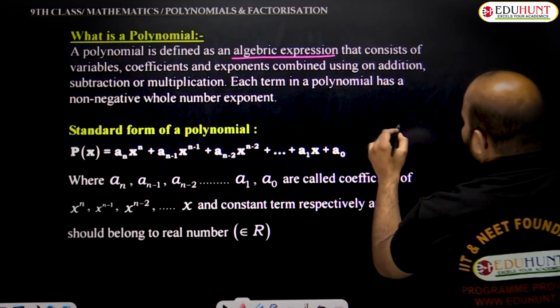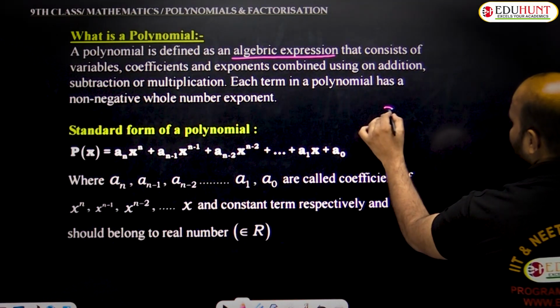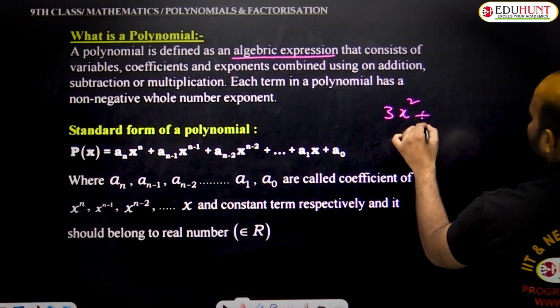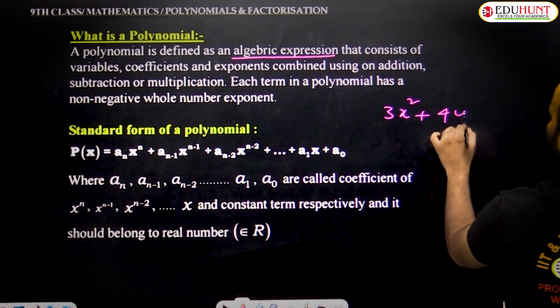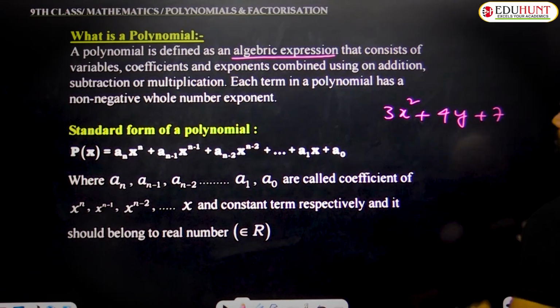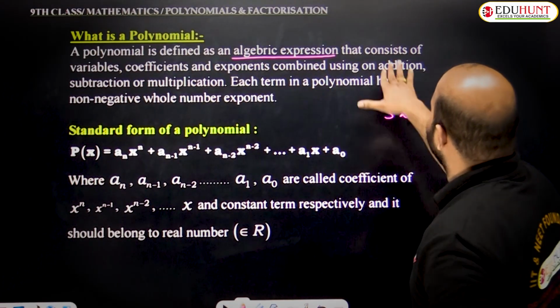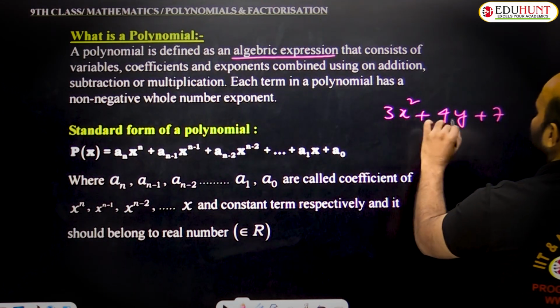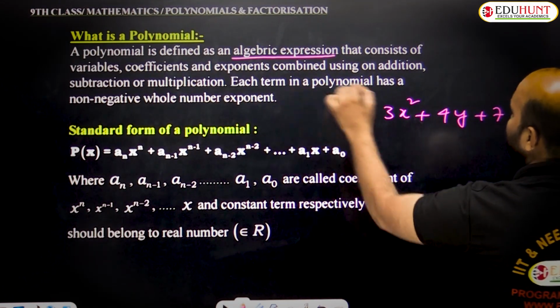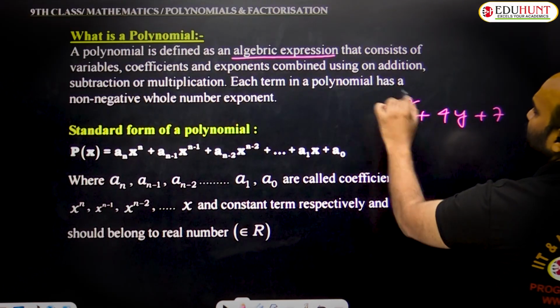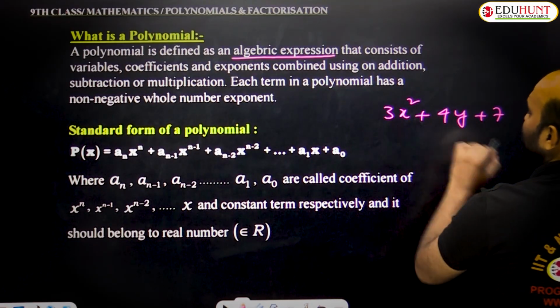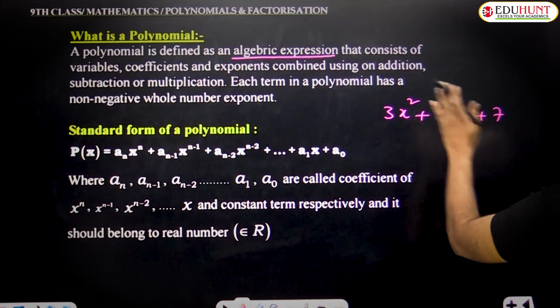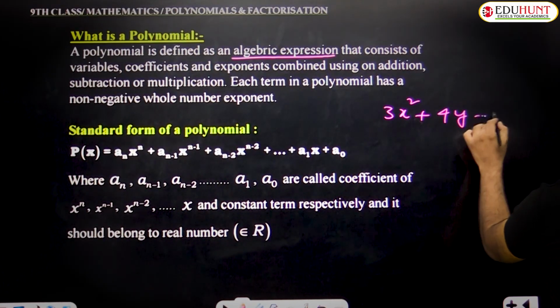For example, you can write 3x square plus 4y plus 7. It is an algebraic expression consisting of variables, x and y; coefficients, 3 and 4; and exponents, the square 2 is an exponent, combined using addition, multiplication and subtraction, for example minus 7 is given.